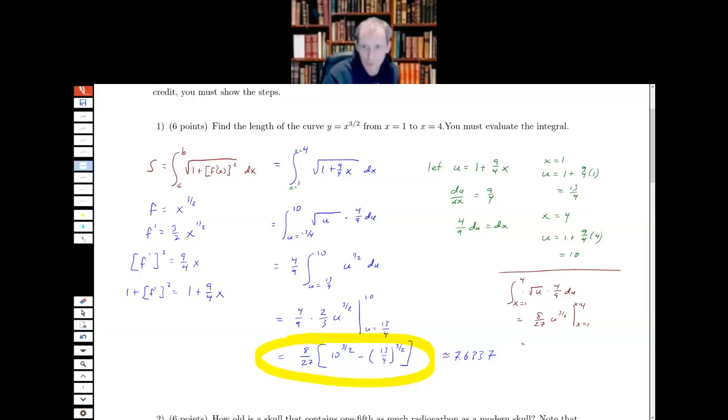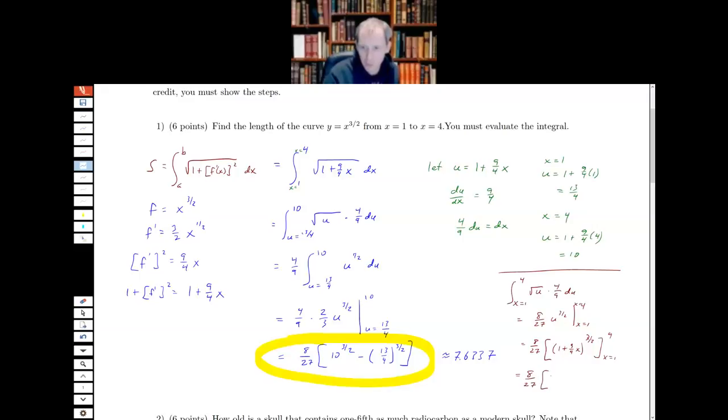So what I do is I say, okay, let's go back to x's. So I can replace the u with 1 plus 9/4 x. And now I say, oh, okay, these are x values. I can plug x in for x, and that's fine.